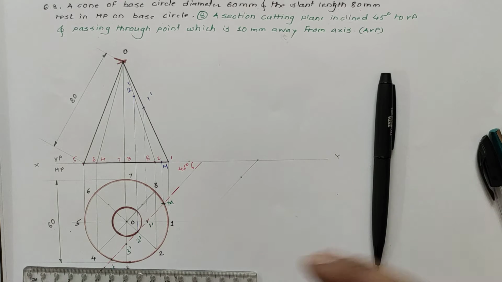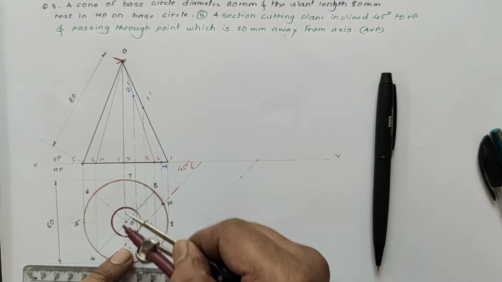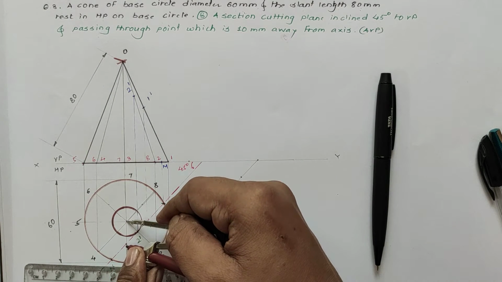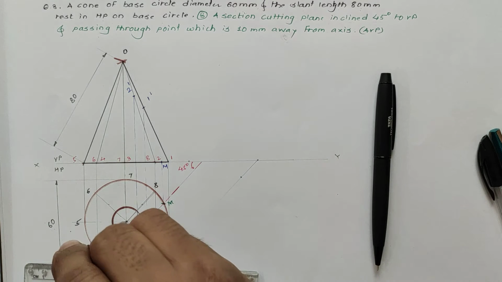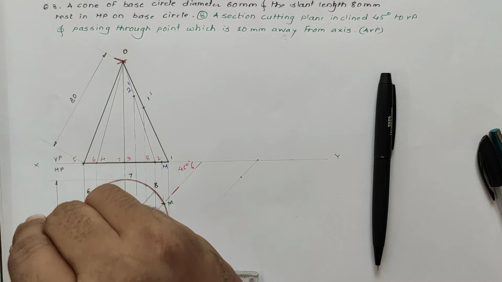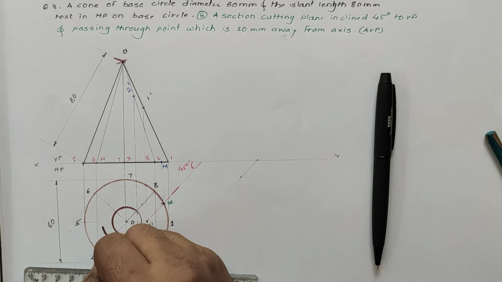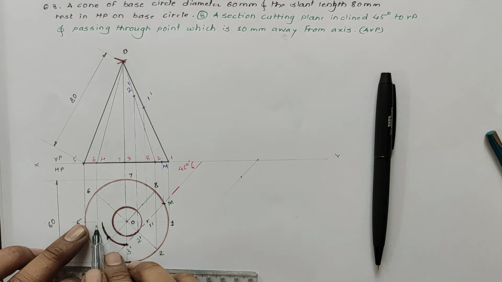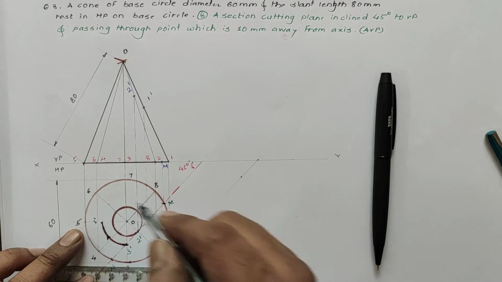Take the distance from O to 3, draw the arc, and transfer the point onto the O5 slant edge. This is 3 dash.